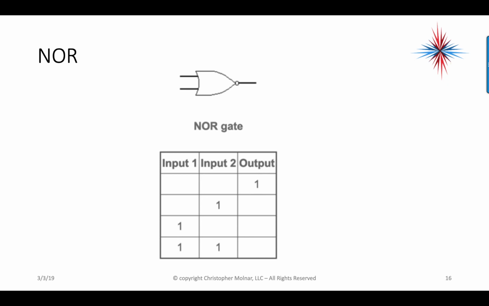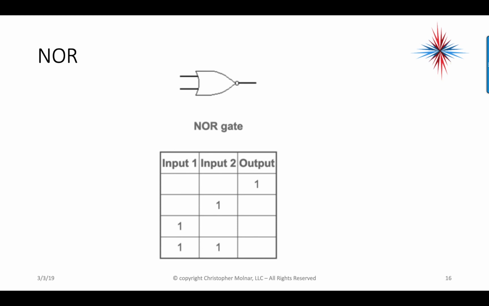The NOR does the same thing. The NOR says, I'm going to work as an OR gate, but it's going to be a negative. It's a reverse. So if you look at line 1, neither 1 or 2 are a positive number. Neither 1 or 2 are true. So our output is a 1.